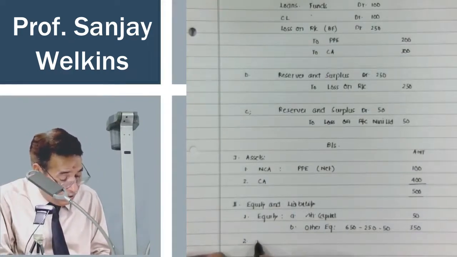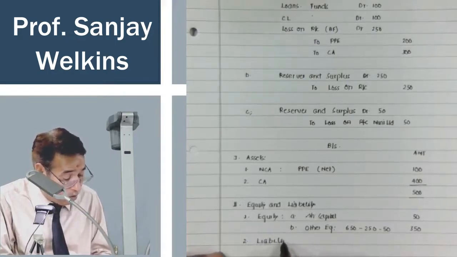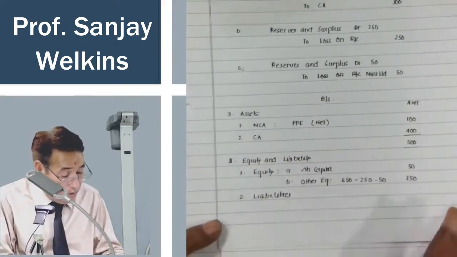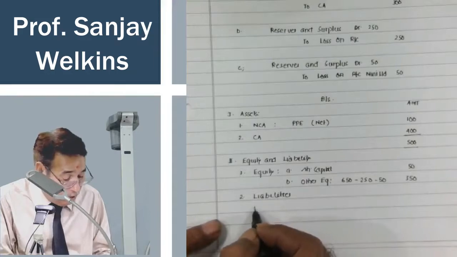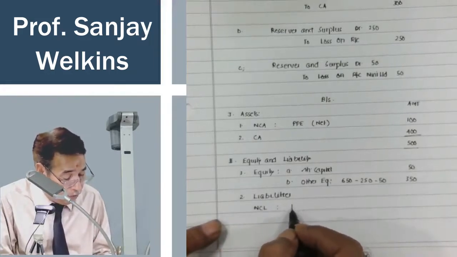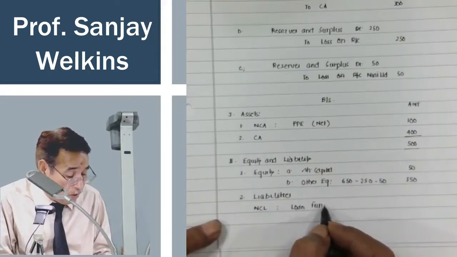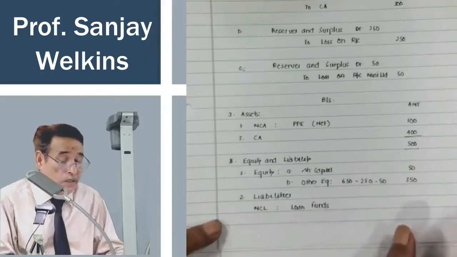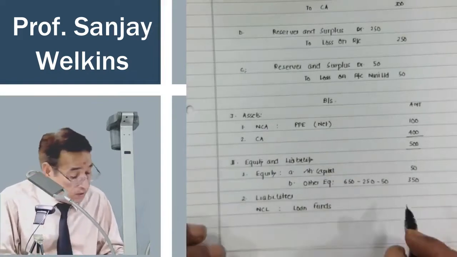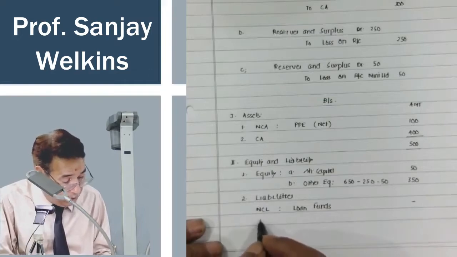Then I will write here liabilities. As far as liabilities are concerned, first you write non-current liability. Under the non-current liability, you have loan funds. Sorry, we have not taken loan funds, rather loan funds have moved out. And as far as division X is concerned, there are no loan funds. So nothing will come over here.